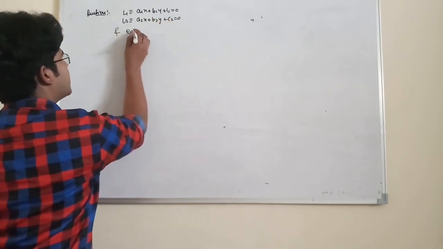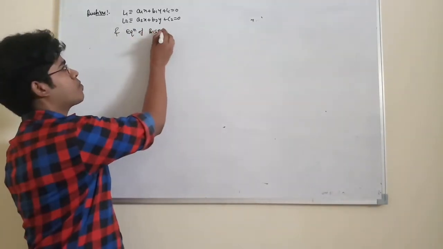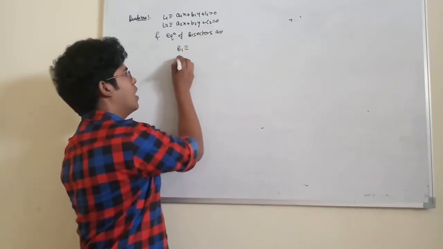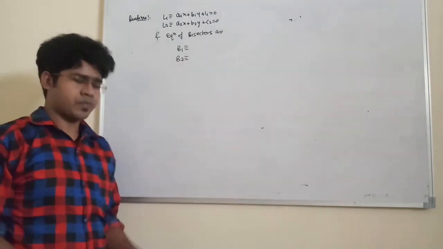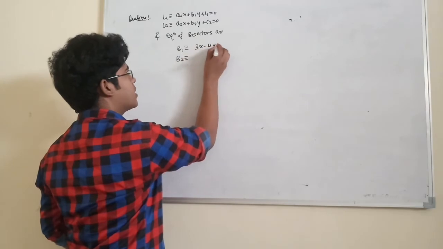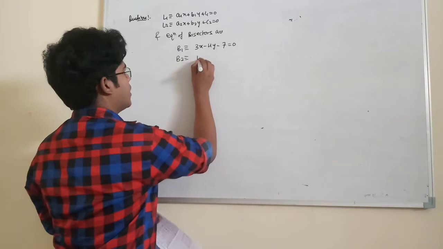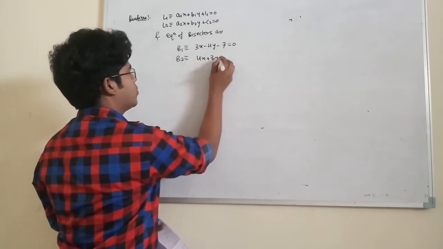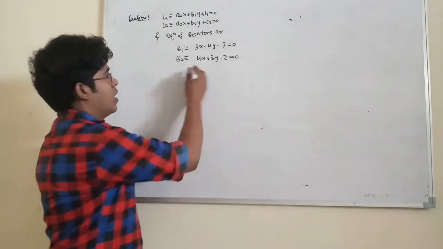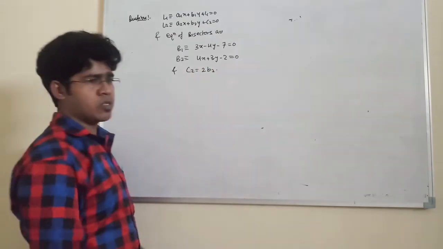And the equations of the bisectors are given to you: B1 and B2. So B1 is 3x minus 4y minus 7 equals 0, and B2 is 4x plus 3y minus 2 equals 0. Also given to you that C2 is equal to 2B2.